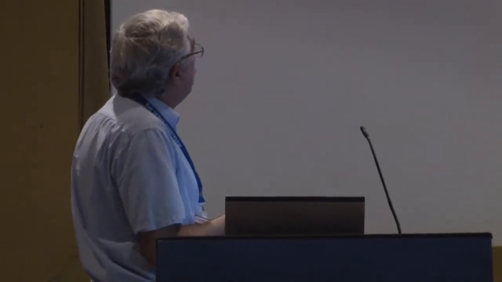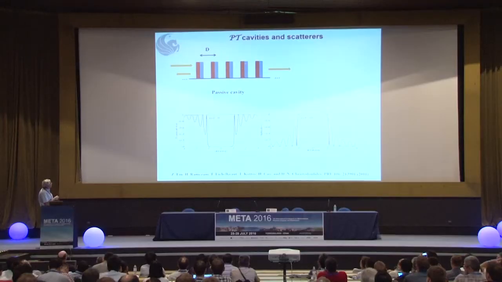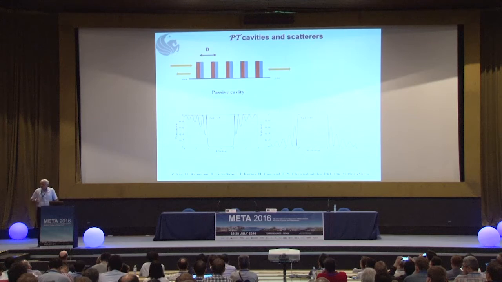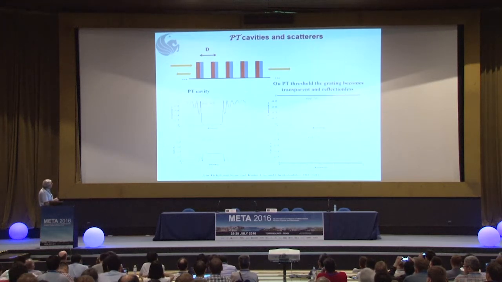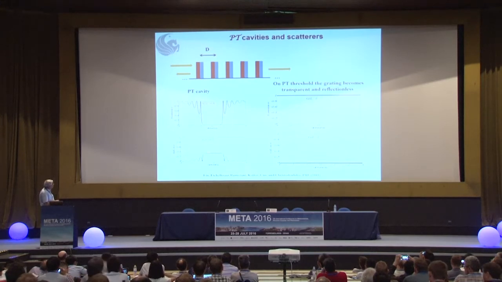So the question now you have to ask is, what if I start incorporating gain and loss in every period, and I keep increasing this contrast of gain and loss? So what happens is the following. The band gap starts to close as I increase the gain, whereas the reflectivity starts to decrease.